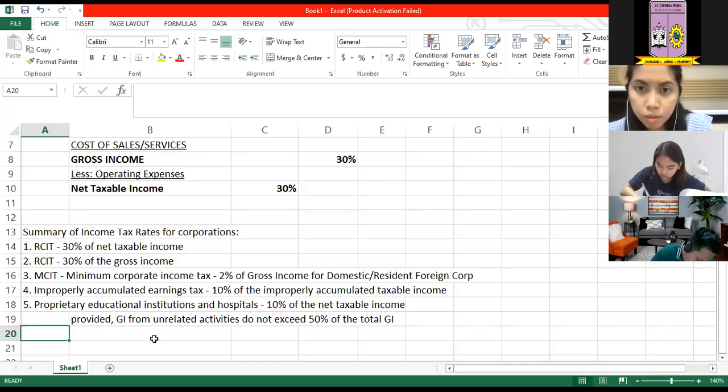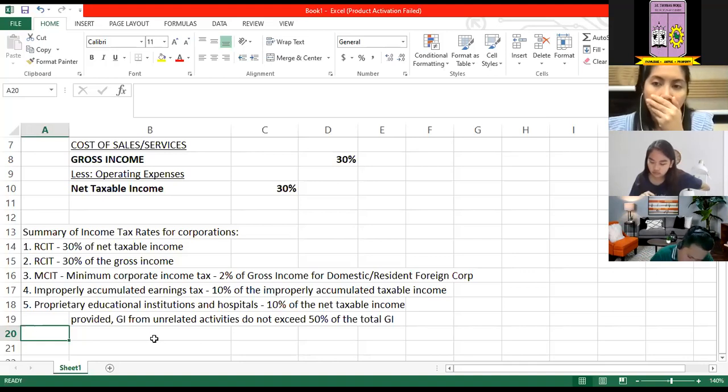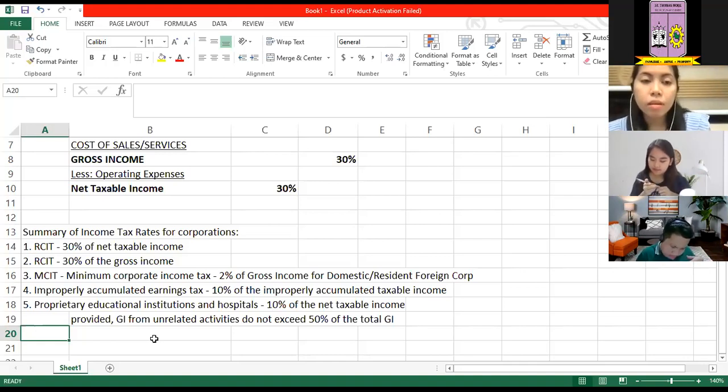Kasi, dahil sa vastness, no, ng coverage ng taxation, because of the state's power to tax, di ba sabi natin, supreme, ultimate, di ba? The state can actually tax its own GOCCs, no? Pwede niyang i-tax kasi napaka-general, napaka-universal, napaka-supreme ng power of taxation, di ba?